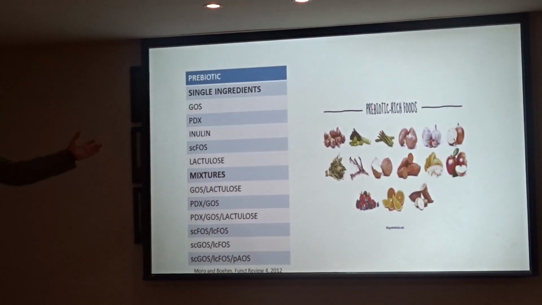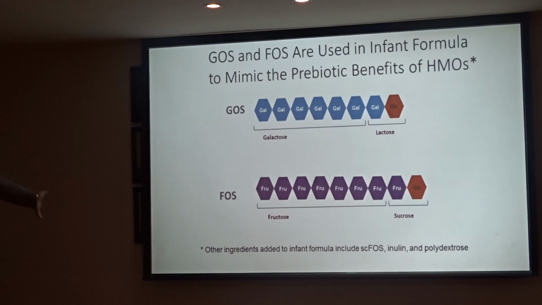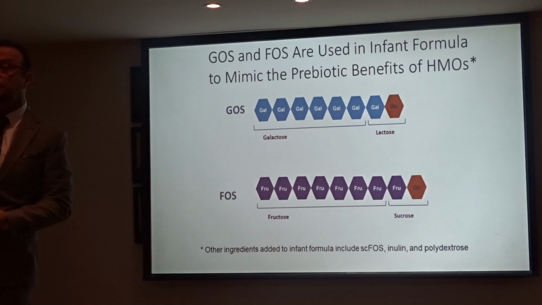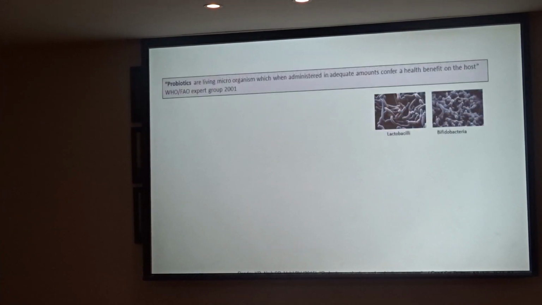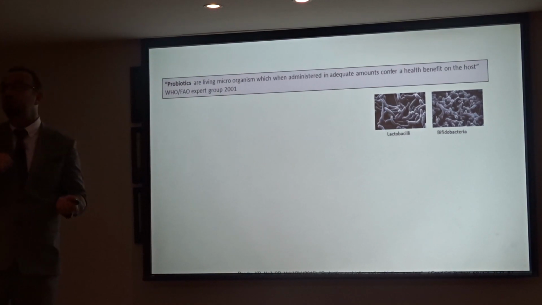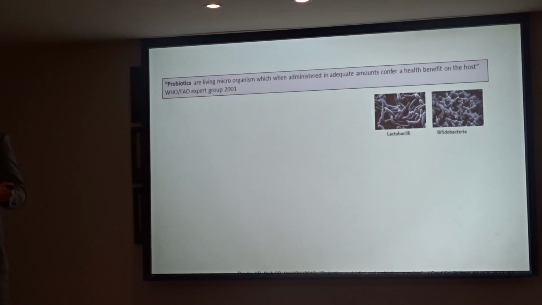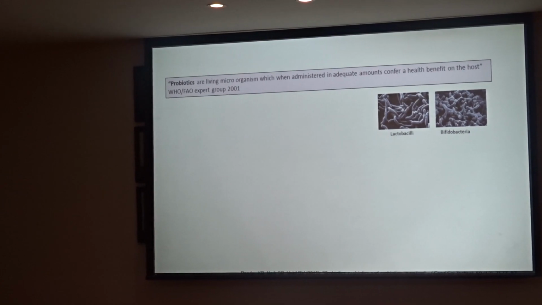Prebiotics are available in many sorts of foods, and some companies manufacture some forms of prebiotic to mimic the human milk oligosaccharides. What's a probiotic? It is a living microorganism that, when administered in adequate amounts, confers a health benefit to the host. It could be used orally. Now there is also a vaginal suppository to decrease vaginosis and many other uses for probiotics.